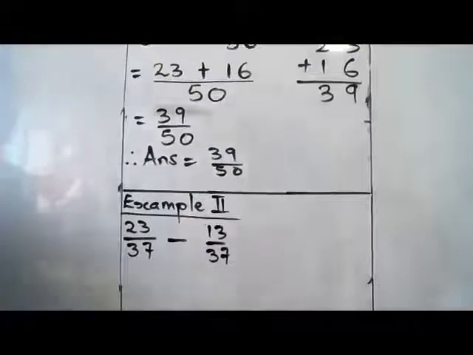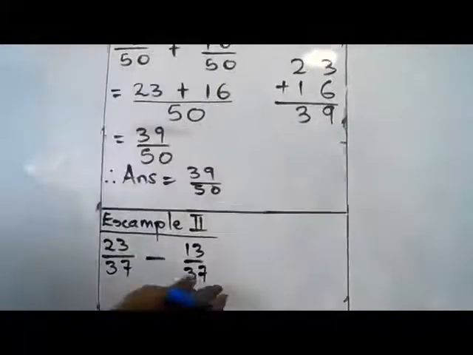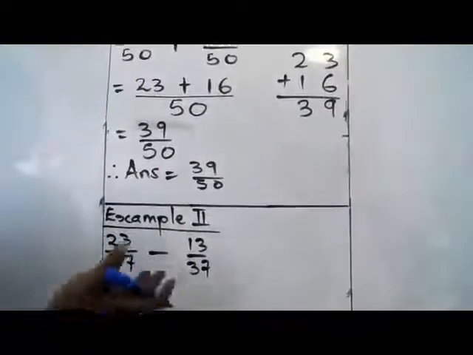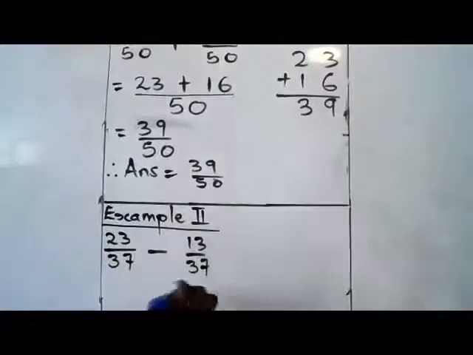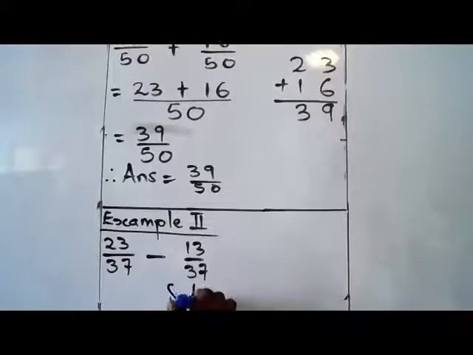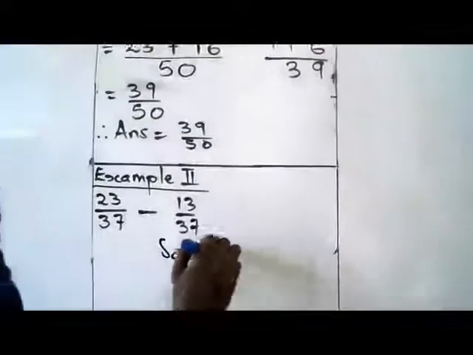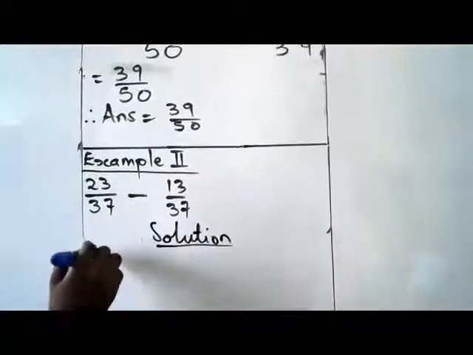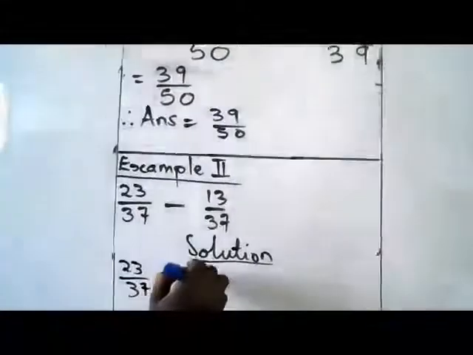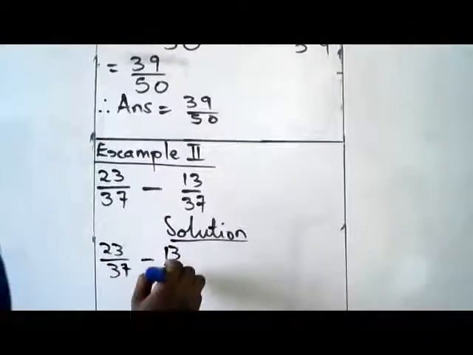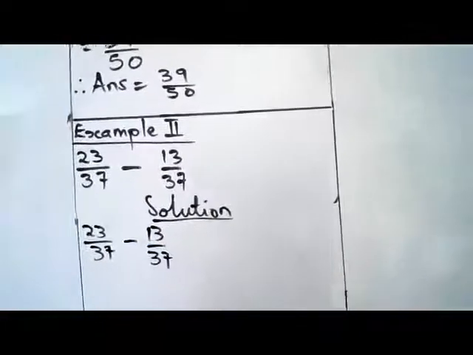What's the first thing you observe here? Both have the same denominator, which means they are like fractions. So we go straight into solving this question. We have 23/37 minus 13/37.